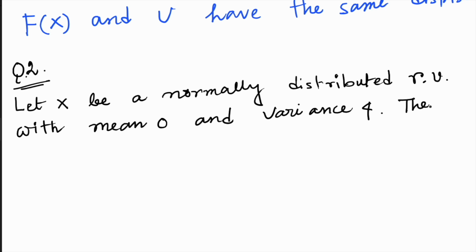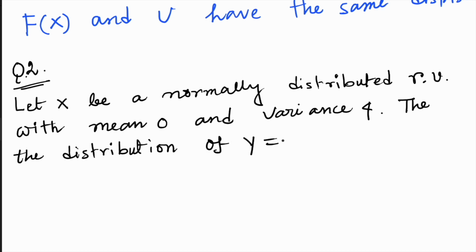Then find the distribution of Y equal to aX plus b, where a is not equal to 0 and belongs to the real numbers, and b is also not equal to 0 and belongs to the real numbers.